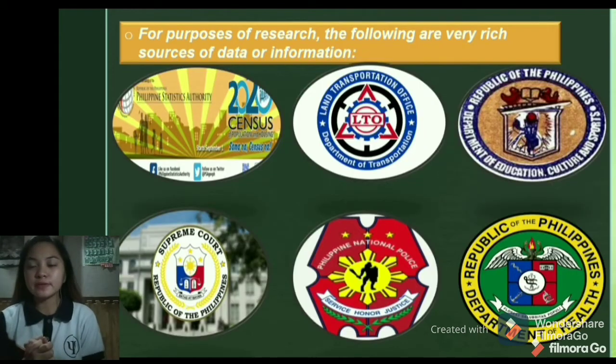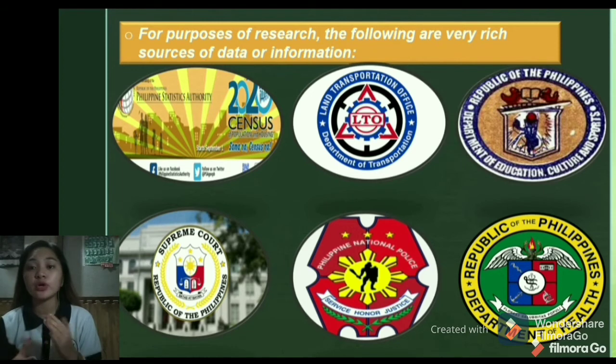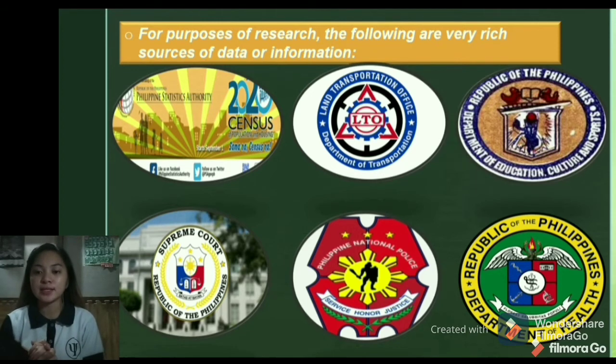For purposes of research, the following are very rich sources of data or information. First is the Bureau of Census and Statistics. For almost all kinds of data about population, housing, industry, and trade, they are the source. The Land Transportation Commission has records for all kinds of vehicles like cars, trucks, motorcycles, and jeeps.